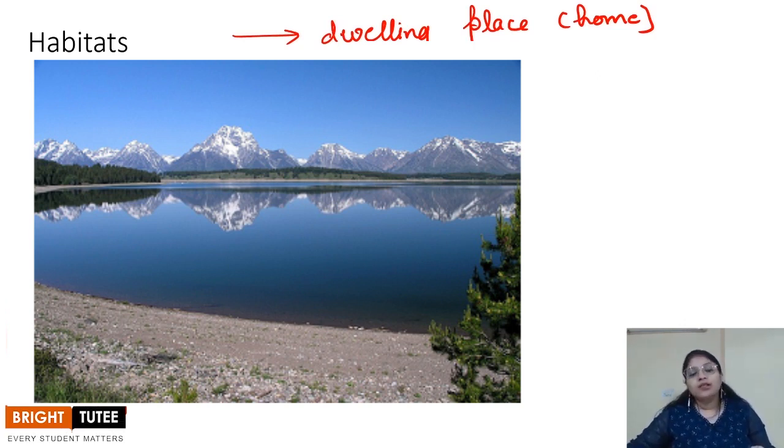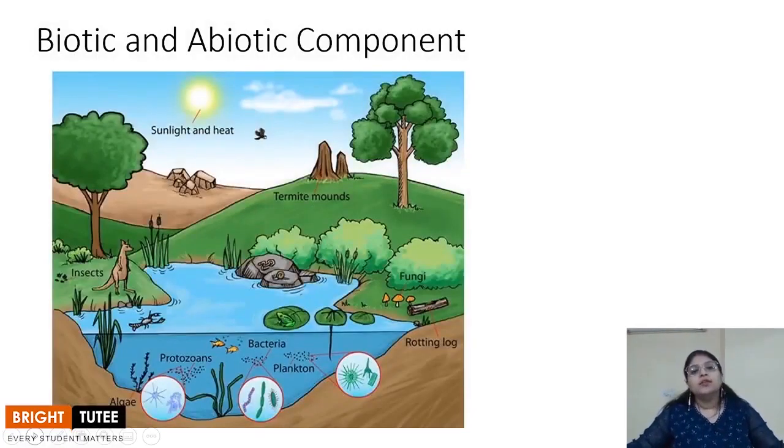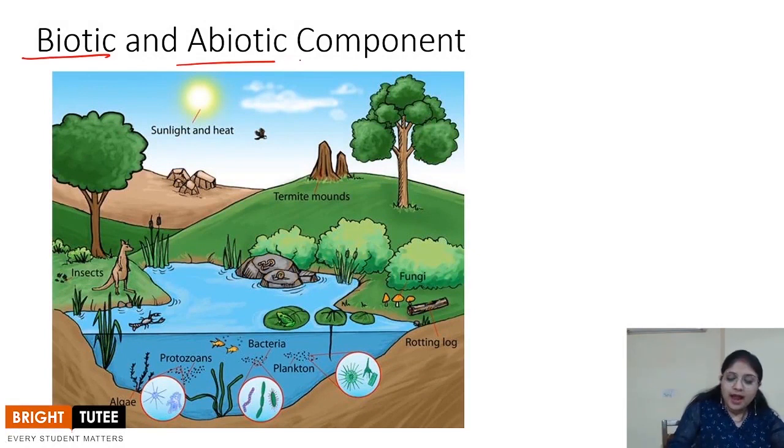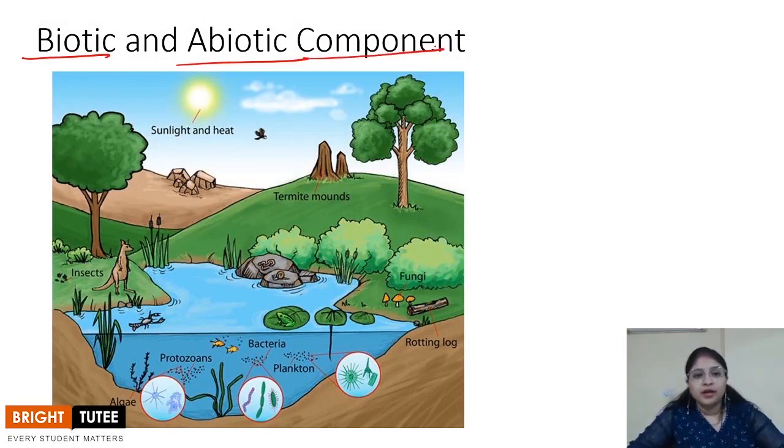Now, once we've understood about habitats, let's talk about the components that are present in a particular habitat, right? There are two main components which are present in a habitat, that is the biotic and the abiotic component. Any area, any kind of region is made of these two components. Around you also you will see that these components are present.